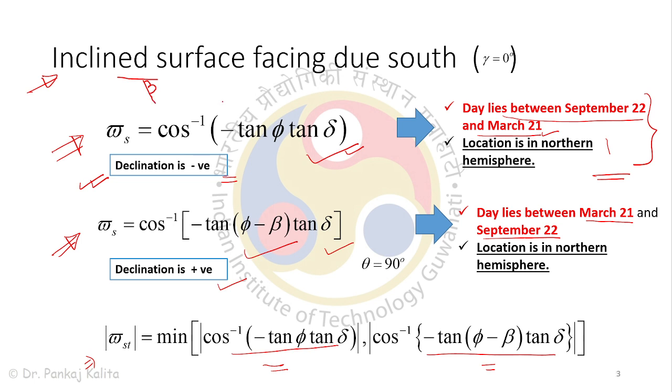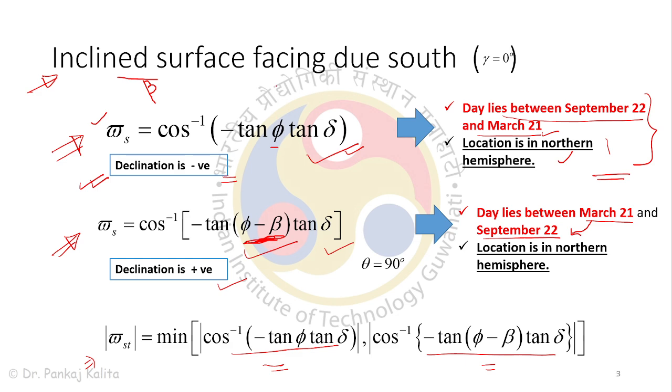So these are all empirical relations. You need to keep this in mind somewhere. Between September 22 to March 21, if you're talking about the northern hemisphere, then this formula will be the same. And if you are talking about March 22 to September 22, then we just have to incorporate this beta parameter into the equation. So phi will be phi minus beta.